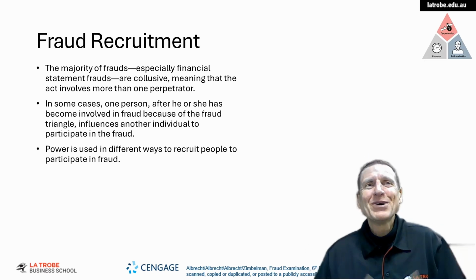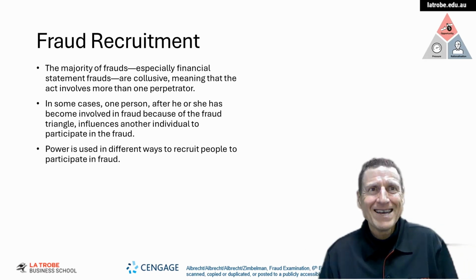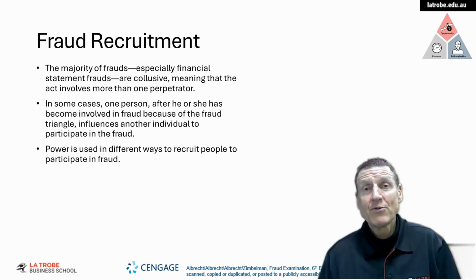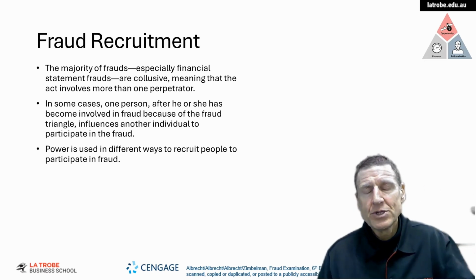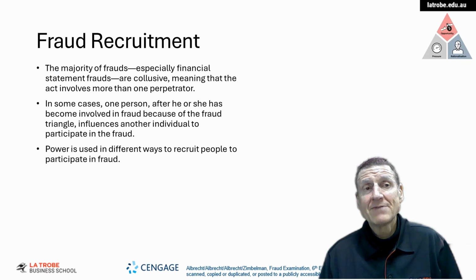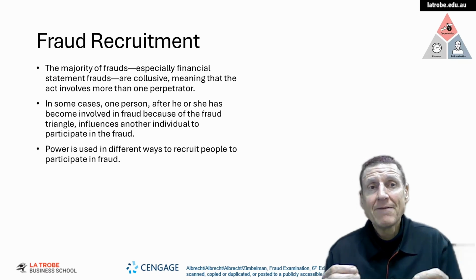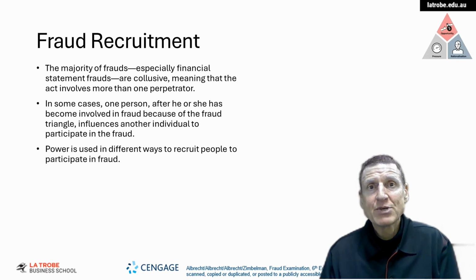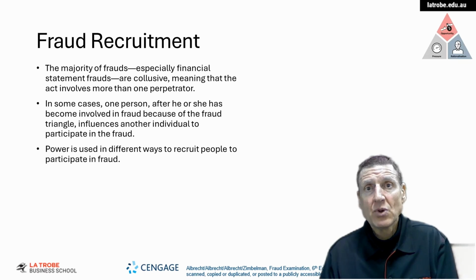Fraud recruitment. The majority of frauds, especially financial statement frauds, are collusive, meaning that they require more than two people. So for example, going back to reducing the opportunity to commit fraud, we may have separation of duties, or authority procedures where two people must sign off on any payments greater than $1,000, or any disbursements greater than $100 or $500.